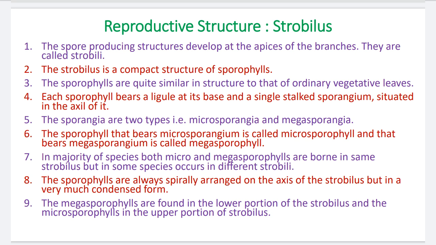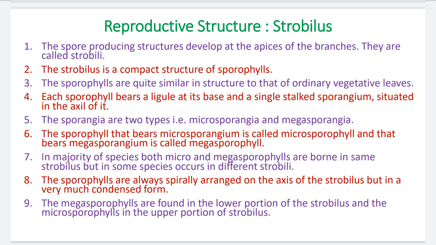You know that these sporophylls are arranged on the axis, a centrally located strand present in the strobilus. In the axillary position of those leaves the sporangia are present, the number of sporangium is single, and they are stalked structures.